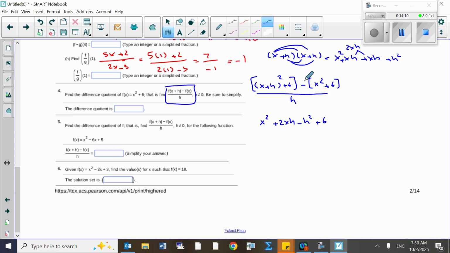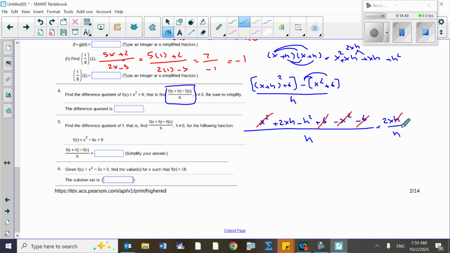The second one, you're going to distribute the negative: negative x squared minus 6. And h here. Now we start simplifying. x squared and negative x squared cancel. 6 and negative 6 cancel. And I'm left with 2xh plus h squared over h.